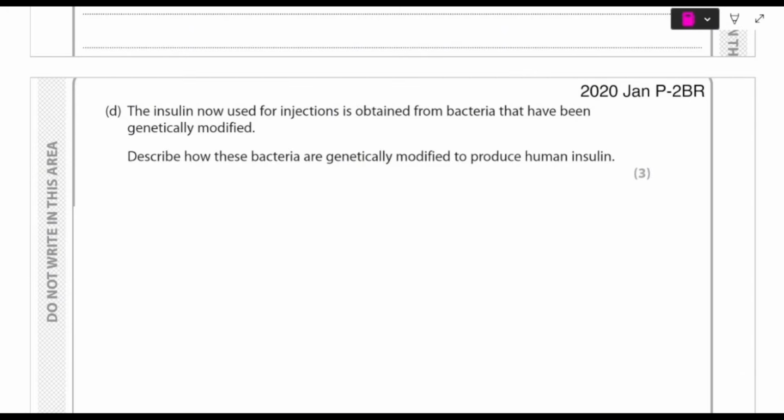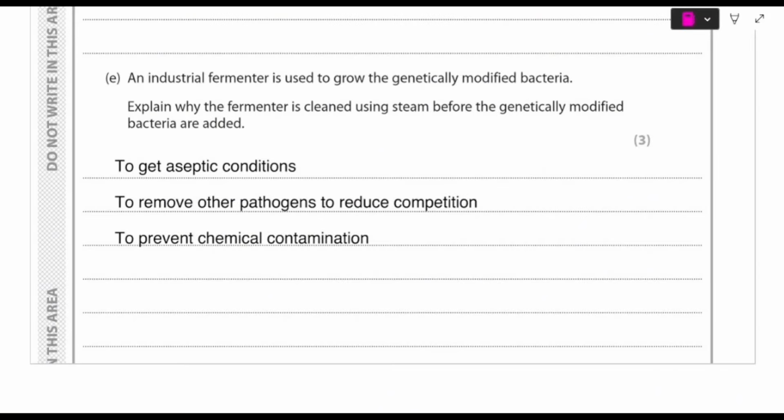So to prevent chemical contamination, if there are other chemicals built up, we are removing those too, and to remove pathogens for reducing competition and to get the conditions aseptic.